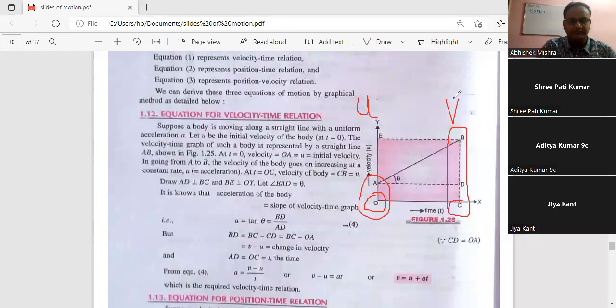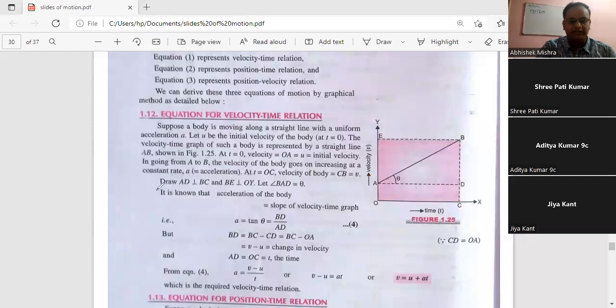Jyoti, is it clear to you now? Okay, fine. So now these two points we will keep in our mind: OA is the initial velocity and CB is the final velocity.